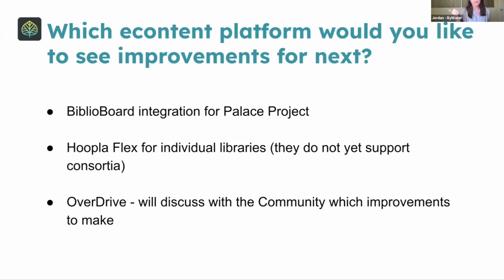So the first is what we originally planned, the BiblioBoard integration for Palace project. This is more complicated than the other Palace project content because you can put lots of different kinds of content into BiblioBoard. So take the example of digital archives, like images. We want to make sure that per project within BiblioBoard that content gets indexed in the appropriate index.